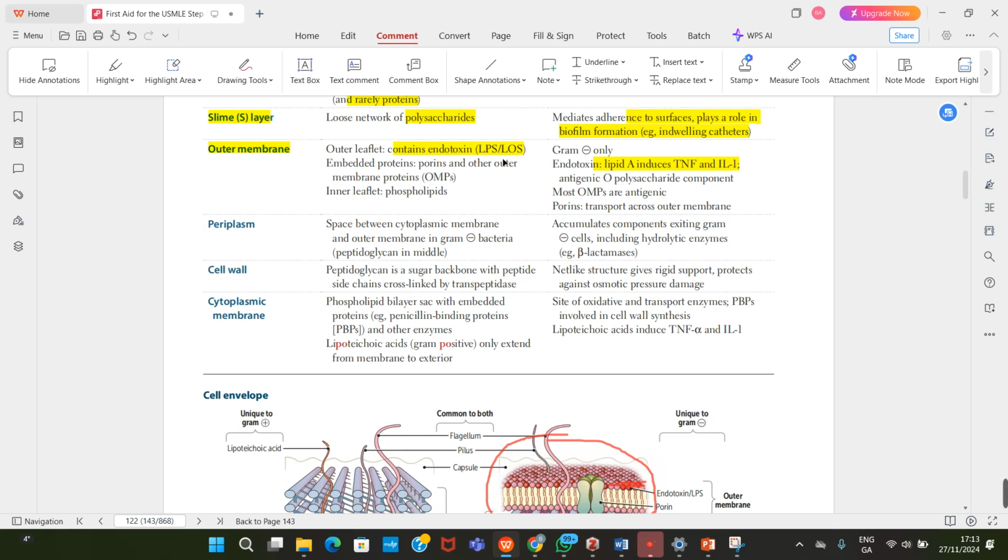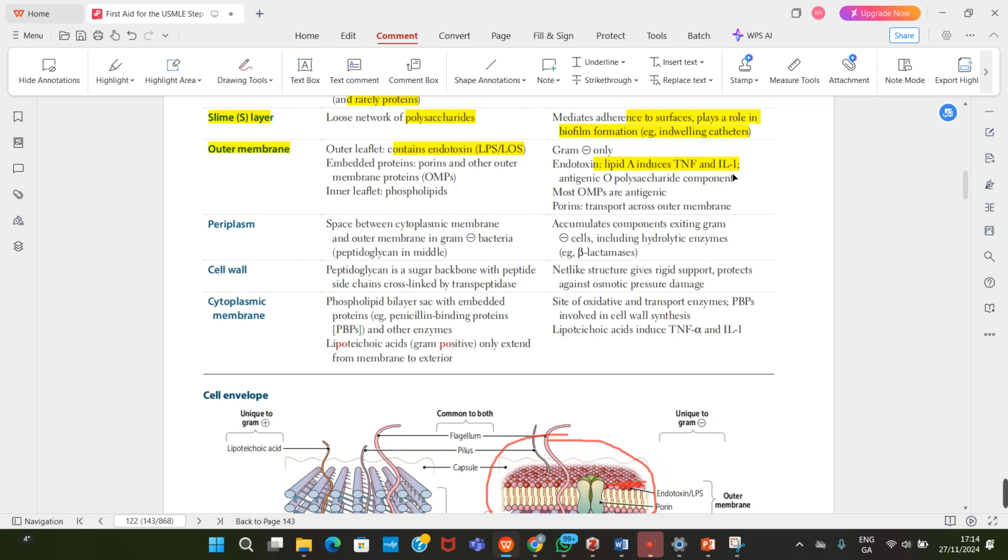Whenever they are broken down, they induce the cells they are infecting, or the human being, to release TNF as well as interleukin 1. So interleukin 1 and TNF cytokines are released, and this perpetuates the inflammatory cascade leading to sepsis. So you must know the function of lipid A. It is part of the endotoxin, and it induces release of TNF and interleukin 1, causing septic shock.